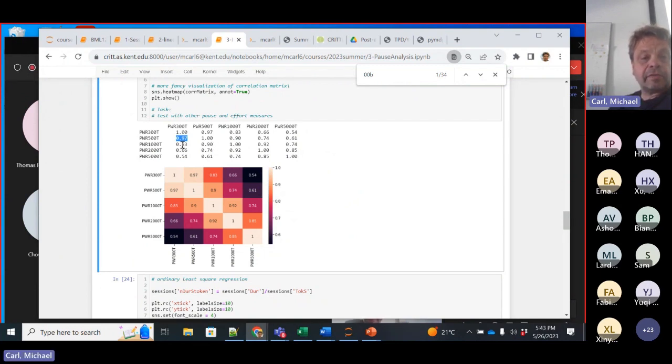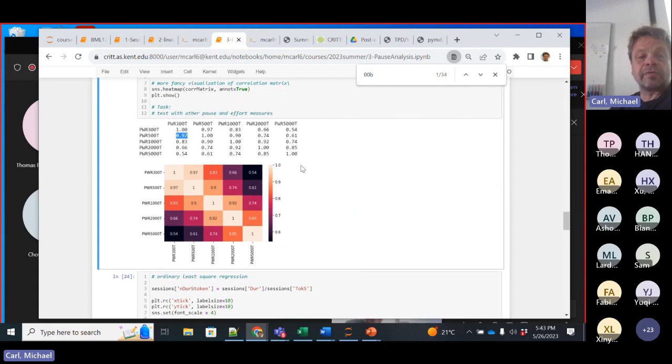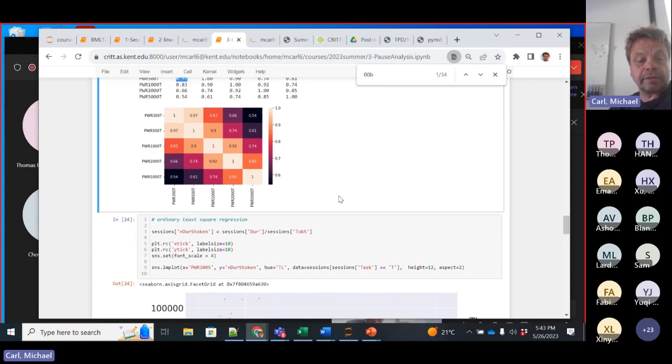And interestingly, we can see also that these pauses do not really correlate. Well, basically they all correlate somehow, but not extremely strongly, particularly if you take those that are very far apart.